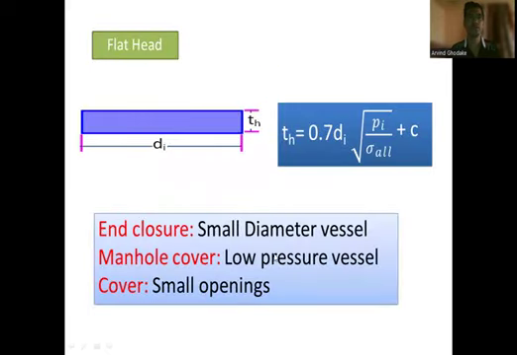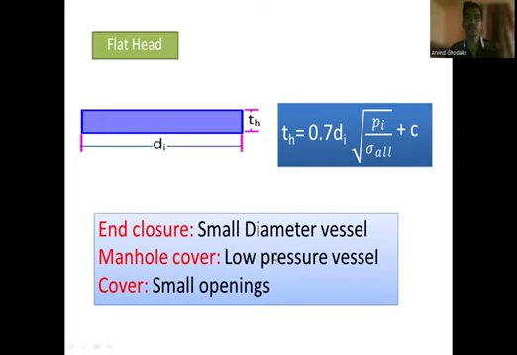So in this diagram you can see the flat head enclosure. The enclosure is for a small diameter vessel. Then the manhole cover is for a low pressure vessel, and the cover is a small opening. Here the two important design parameters for the flat head are the diameter Di and the thickness of the head.